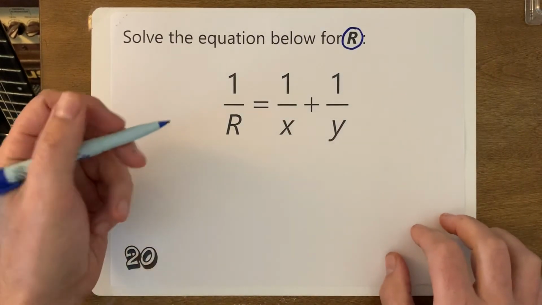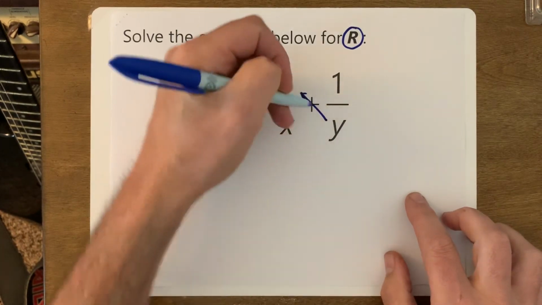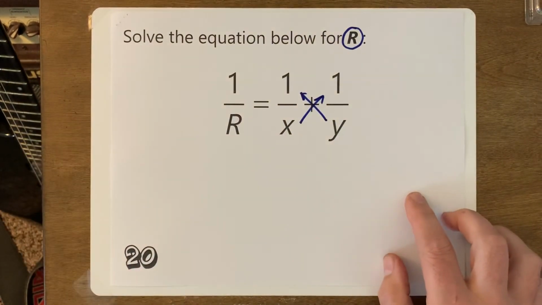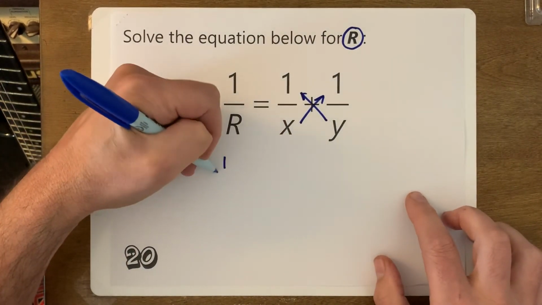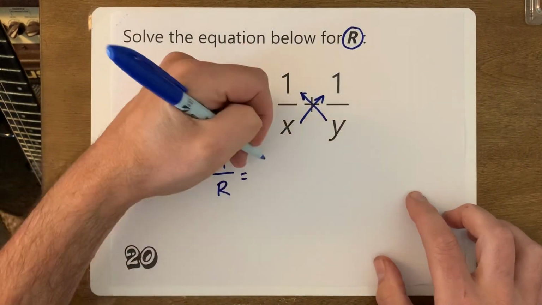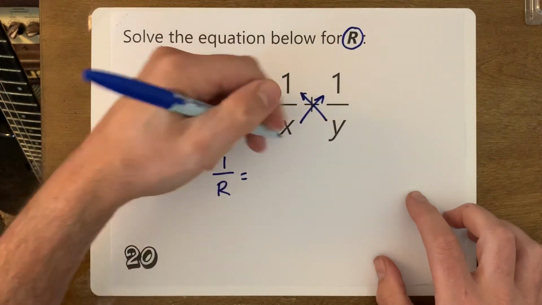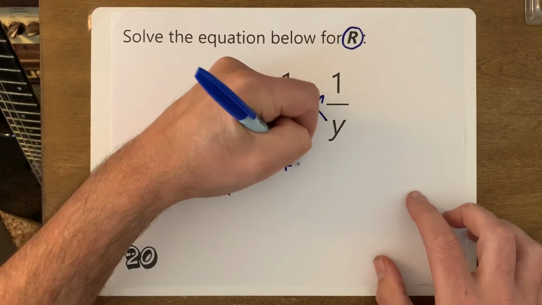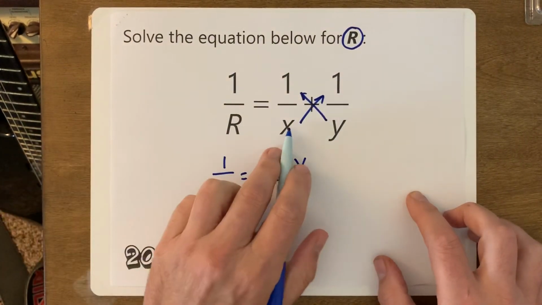If we take these two fractions and use our butterfly method, we will get 1 over r equals 1 times y is y, 1 times x is x, so that will be x plus y over x times y.